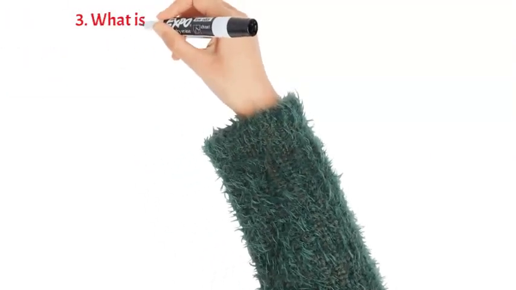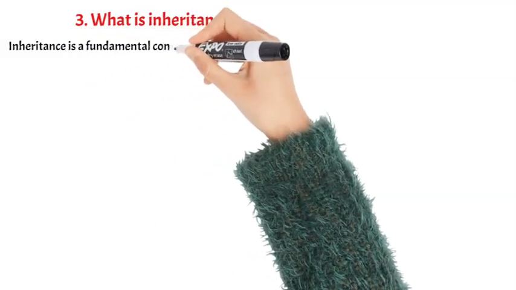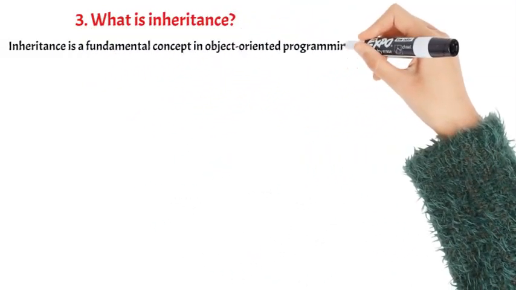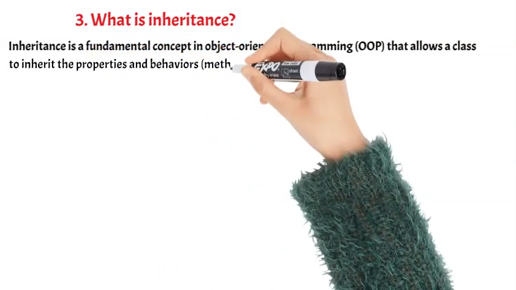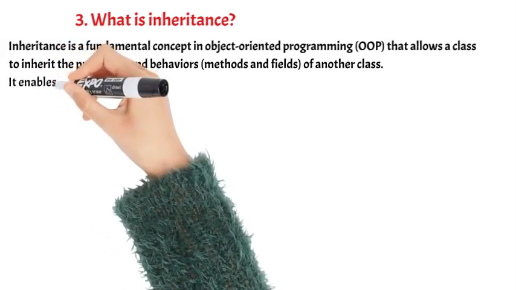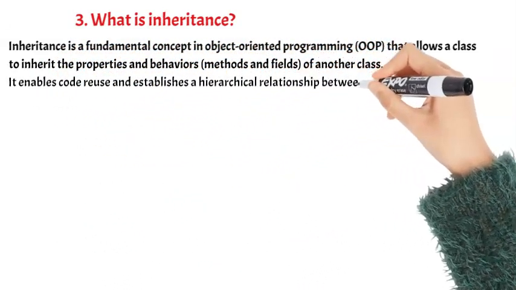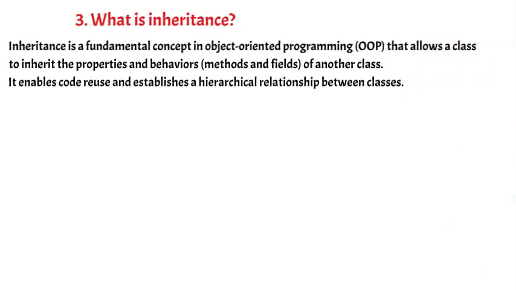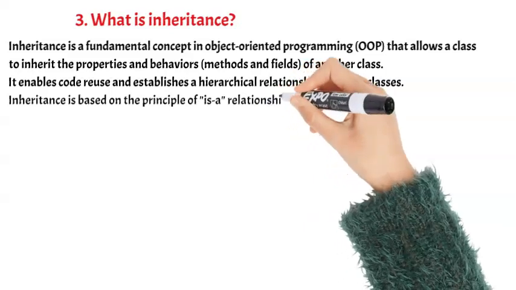3. What is inheritance? Inheritance is a fundamental concept in object-oriented programming that allows a class to inherit the properties and behaviors (methods and fields) of another class. It enables code reuse and establishes a hierarchical relationship between classes. Inheritance is based on the principle of the IS-A relationship.